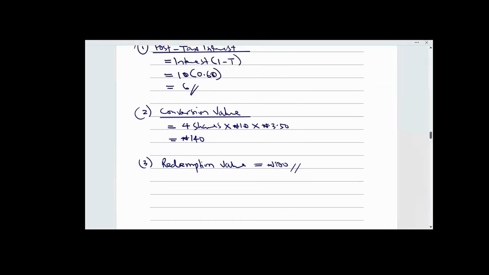Now, remember what I told you when I was explaining cost of convertible. We need to compare the conversion value of 140 naira with the redemption value of 100 naira. So conversion value is higher than the redemption value. Therefore, the investors, the debenture holders, will exercise their rights because it is profitable. 140 is higher than 100.